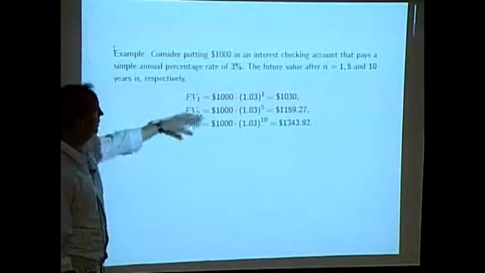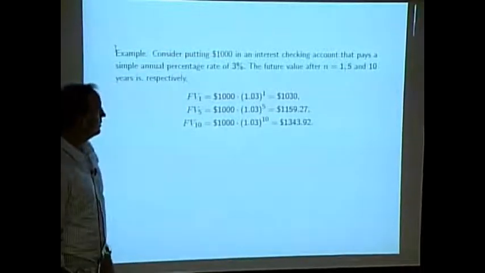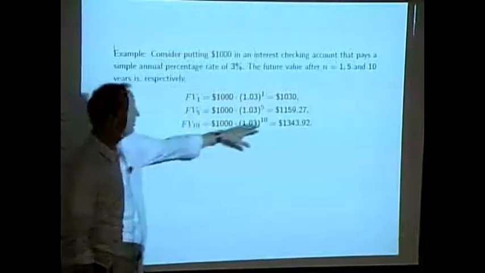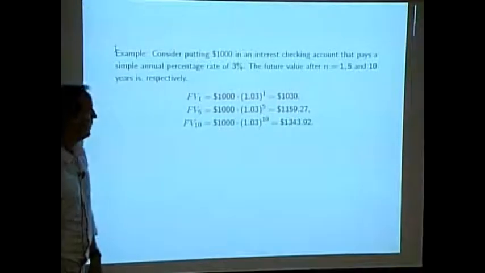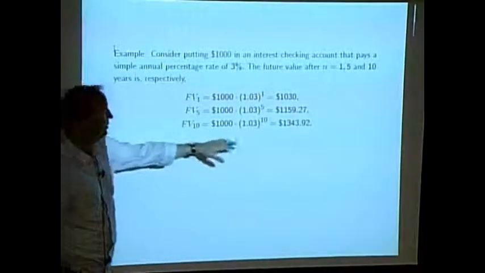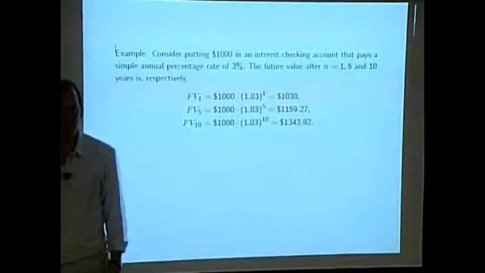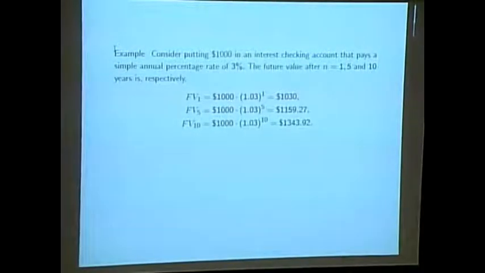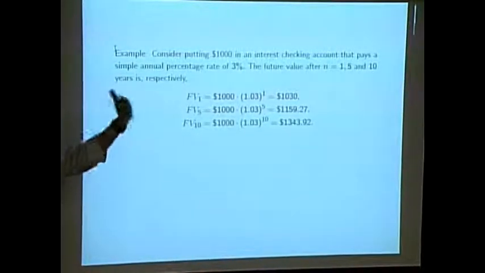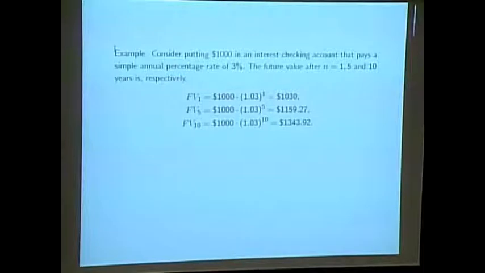After 1 year, you get $30 in interest. After 5 years, you get an additional $159. And after 10 years, you get an additional $343. Again, this is the power of compounding. As your money grows, the payment of interest on interest leads to this sort of exponential increase in your wealth.